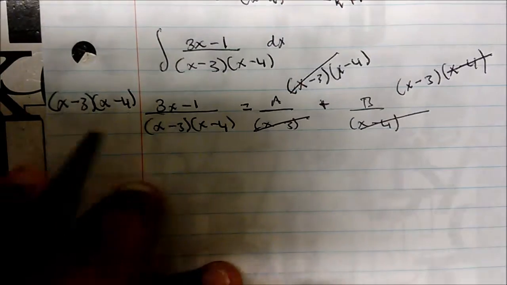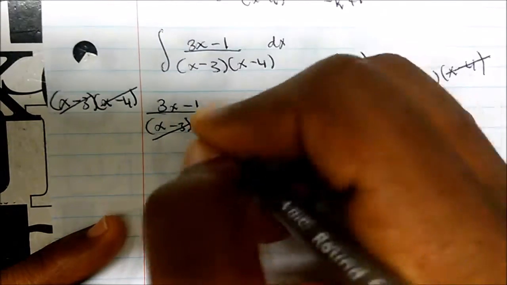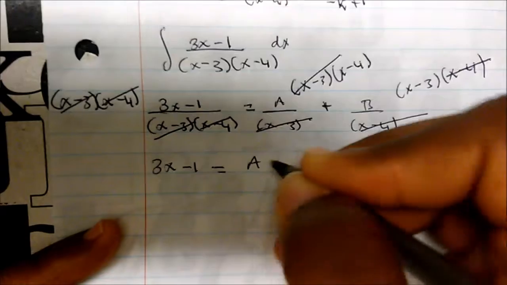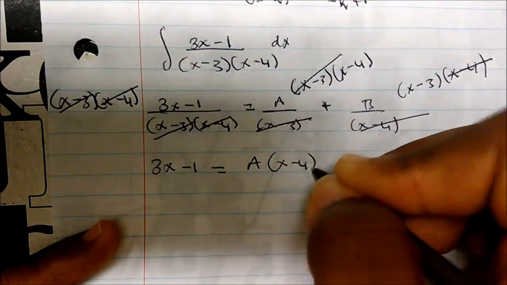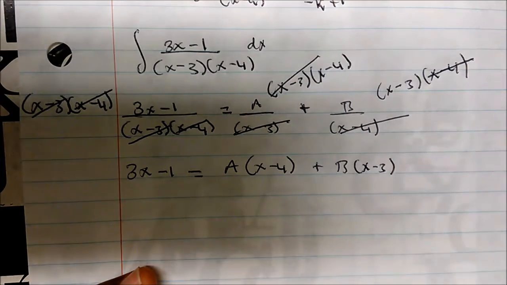The same factors in numerator and denominator cancel out. So I'm left with 3x minus 1 equals a times x minus 4 plus b times x minus 3.